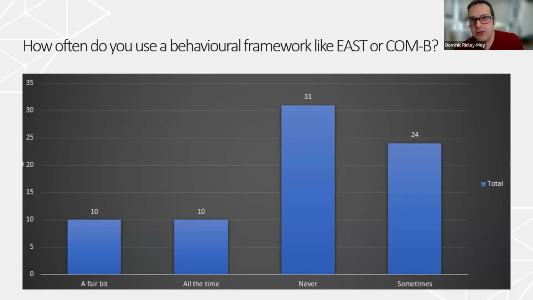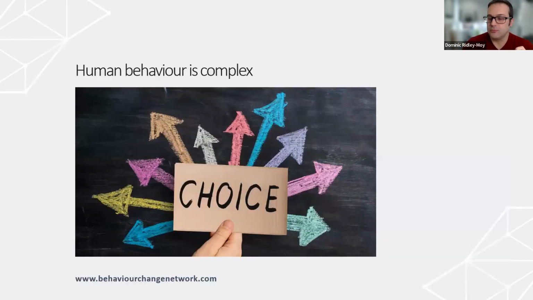The positive thing is this is getting better all the time. More and more people are using behavioural frameworks in their communications, and particularly if you're from a public health background, this has been used increasingly, which is really positive. And certainly in public health, there are lots of other behavioural frameworks that we aren't covering today.